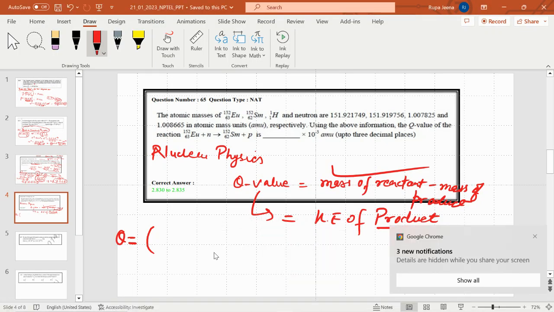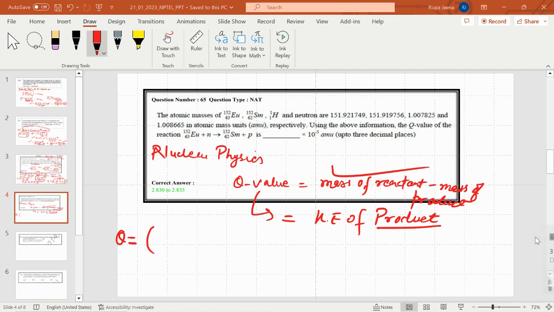So the answer, yes, 0.84. How 0.84? Then it's not 0.84. Wait, I'll do it. So mass of reactant.